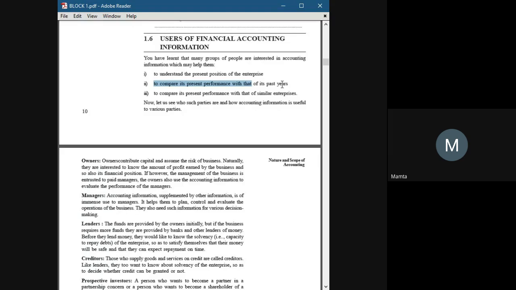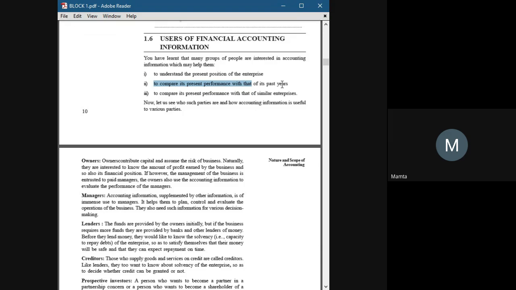And when we compare our profit and losses or the position of our firm with another company, like when we compare Samsung and Apple phones, comparing the books of account of Samsung and Apple, then that is known as inter-firm comparison.